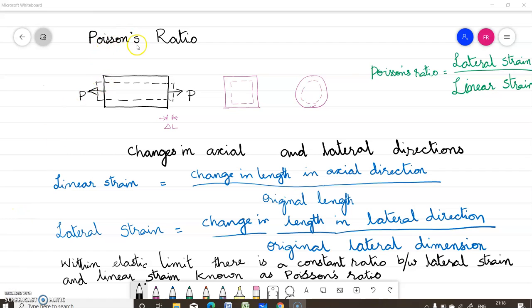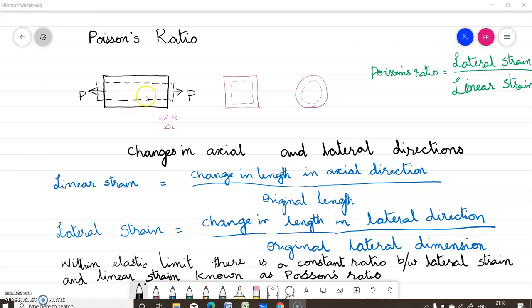Okay, now we'll see about Poisson's ratio. When a material undergoes change in length due to the action of some load, it undergoes changes of opposite nature in the lateral direction. So we are applying a load P in the axial direction. There will be an increase in length in the axial direction, and a decrease in length in the perpendicular, lateral direction.